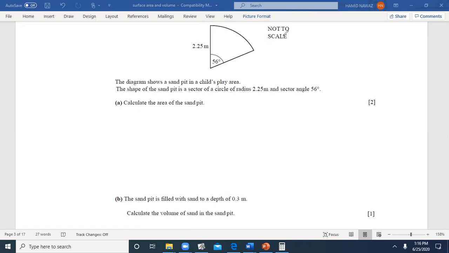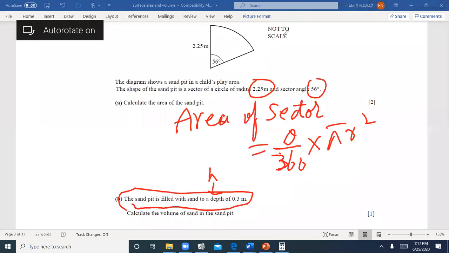Now, what does this say? The sand pit is filled with sand of depth, depth or height beta is the same thing, 0.3 meter. Got it? Volume. So this becomes a prism form. The base will be this one and you have the height of the sand.